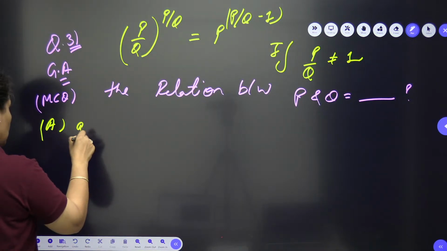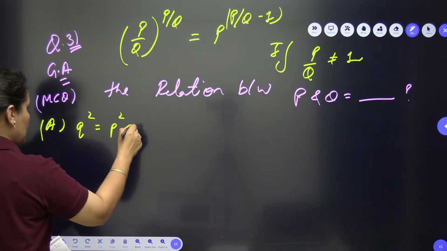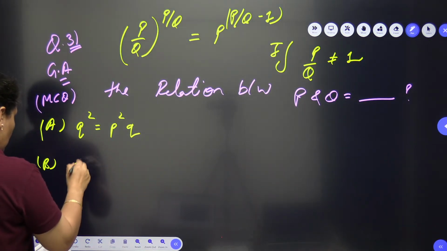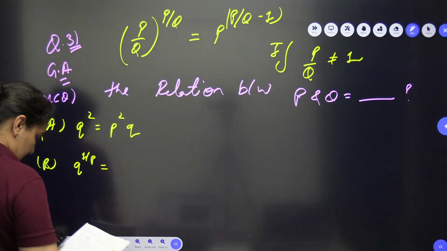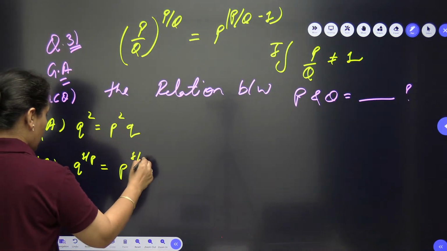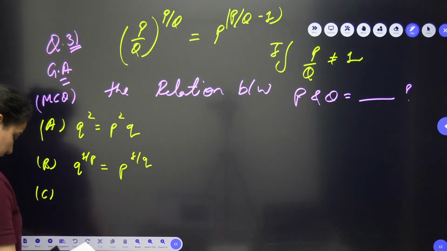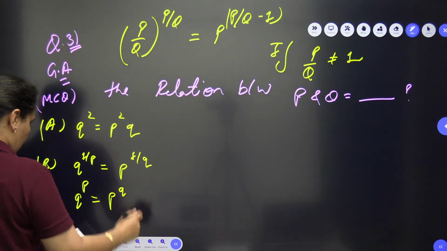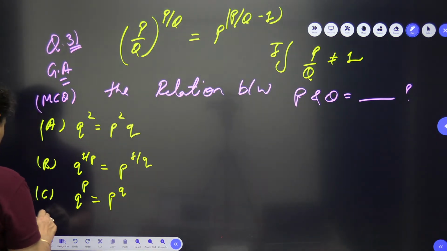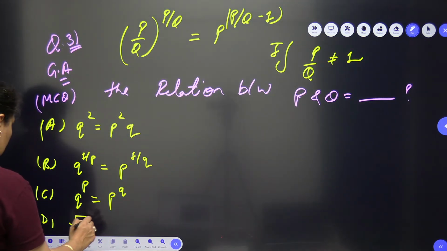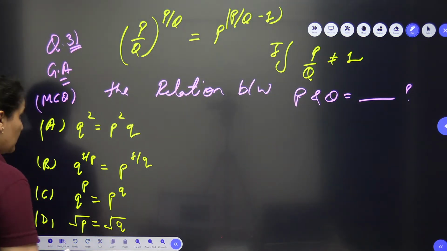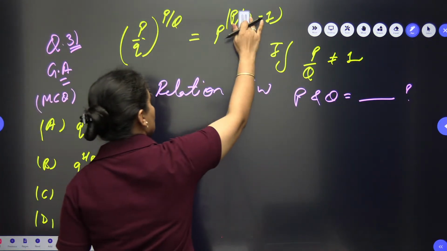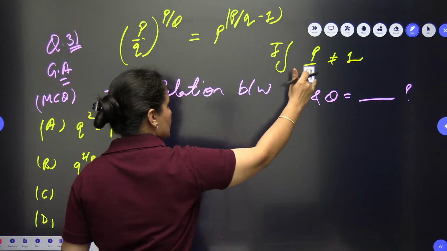The first option is Q square equals to P square Q. Second option is Q power 1 by P equals to P power 1 by Q. The third one is Q power P equals to P power Q. And the last one is square root of P equals to square root of Q. Okay, so here let me write down this Q also like this, so there will be similarity in the options.